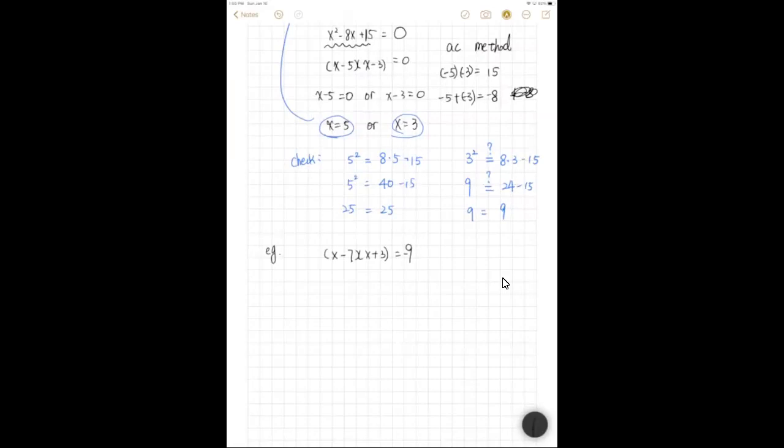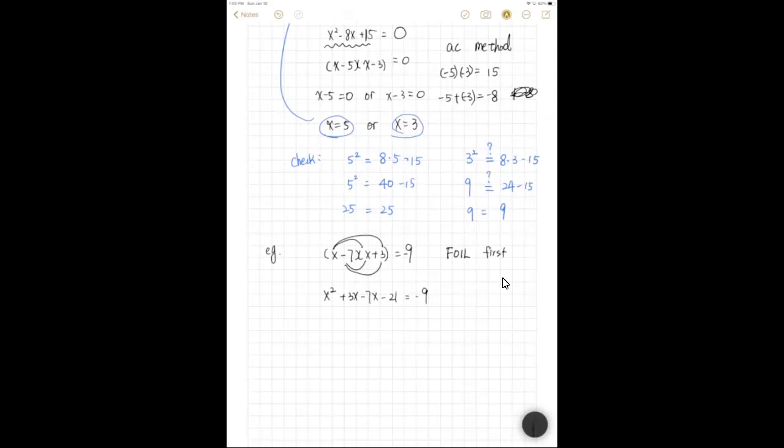What you can do is FOIL the equation first. Remember FOIL? First term times the first term, outer term times the outer term, inside term times the inside term, L is the last term times the last term. So I have x squared plus 3x minus 7x minus 21 equals negative 9.